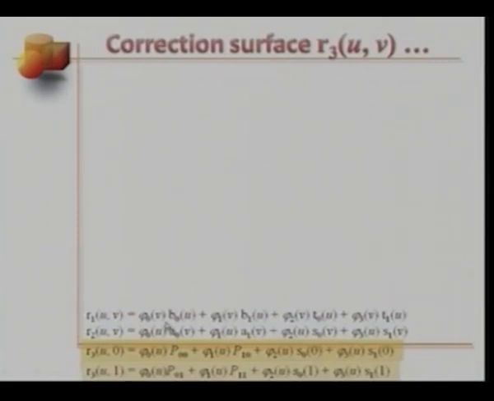So here I have copied the 4 important results that we would need. r1 of uv, r2 of uv, r3 of u0, r3 of u1. You must have noted down these expressions in your notes.